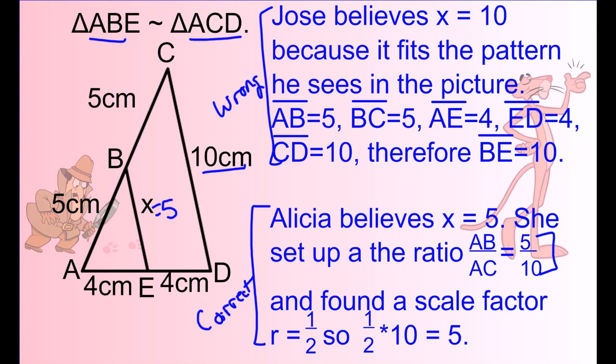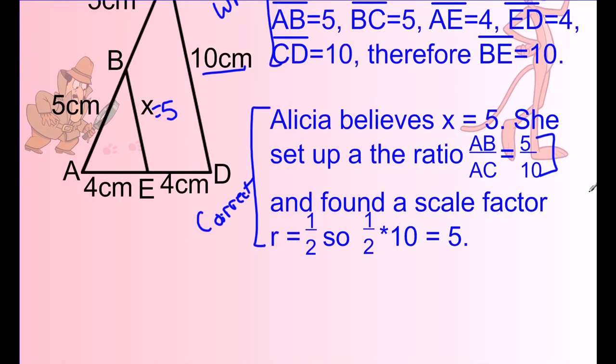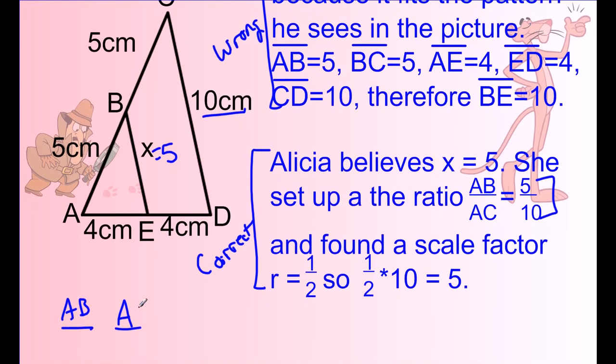You could have also, maybe on your own, set up a proportion and said, okay, well, AB to AC. So this side to this whole side, which is the 5 to 10, and then pick another side.